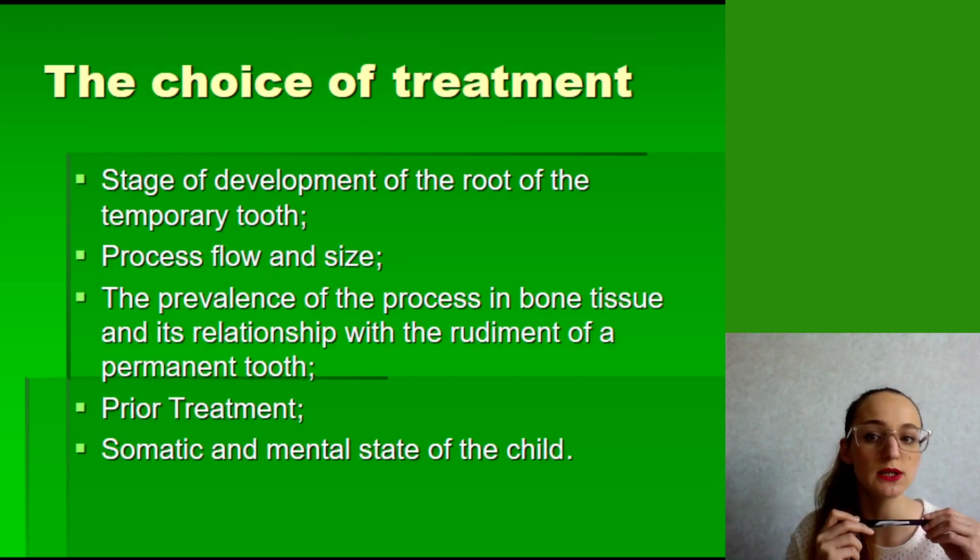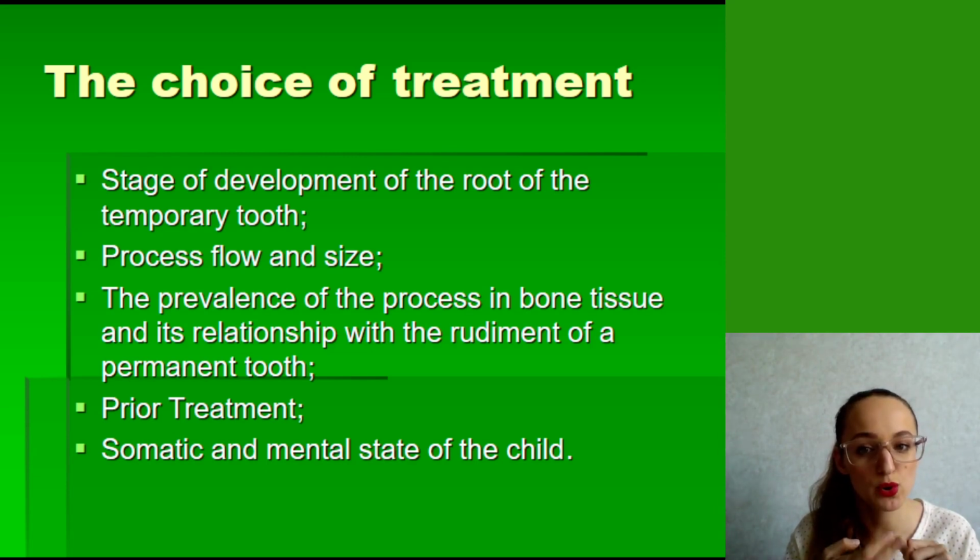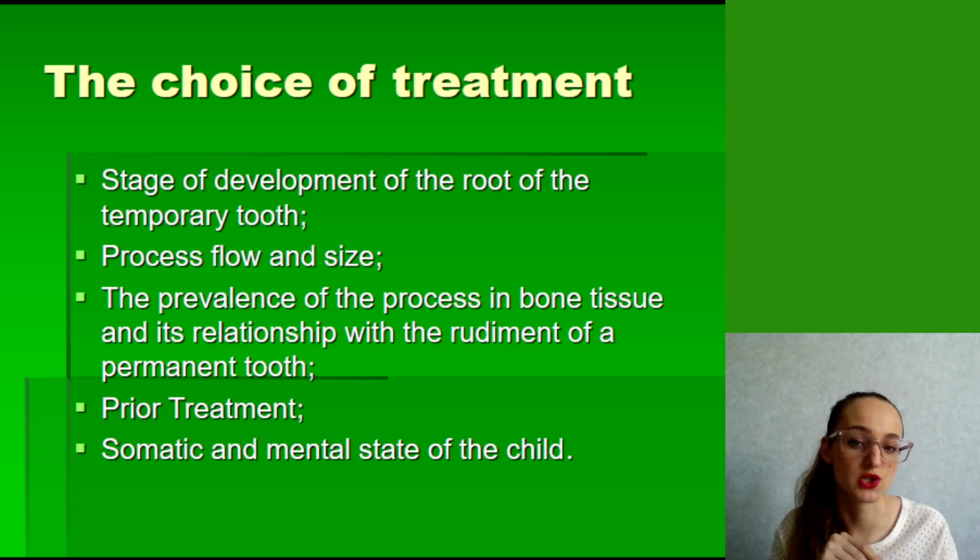It is very necessary to decide what type of treatment you can use: the stage of development of the root of the temporary tooth, the process flow and site of this process, the prevalence of the process in bone tissue and its relationship with the rudiment of the permanent tooth and the follicle, and the somatic and mental state of the child.